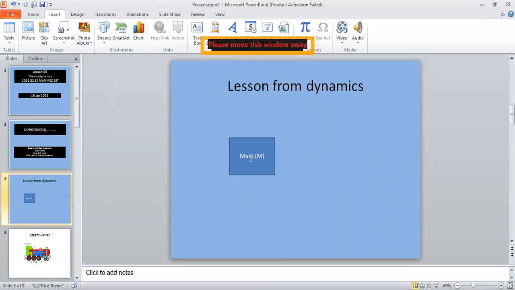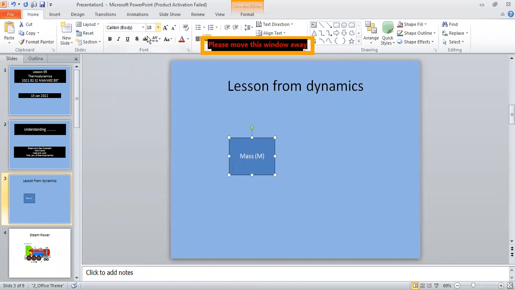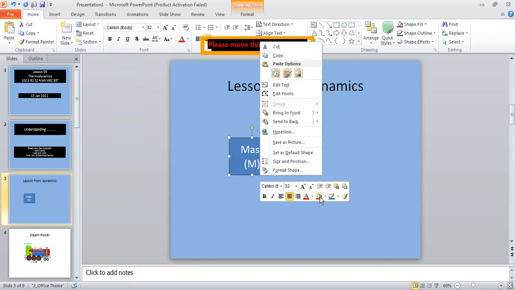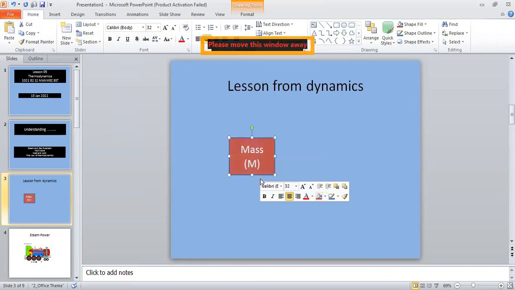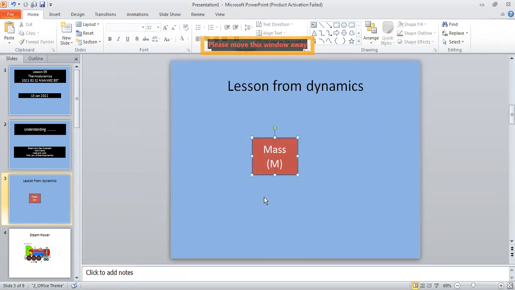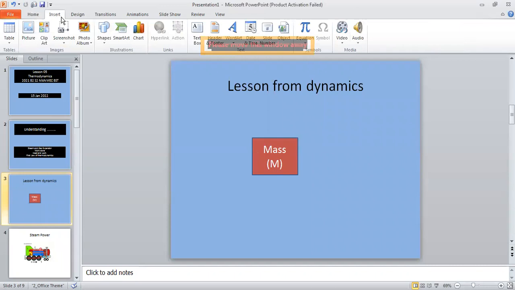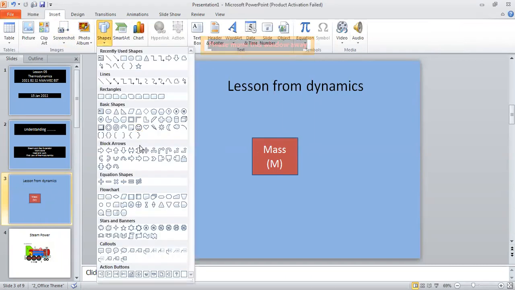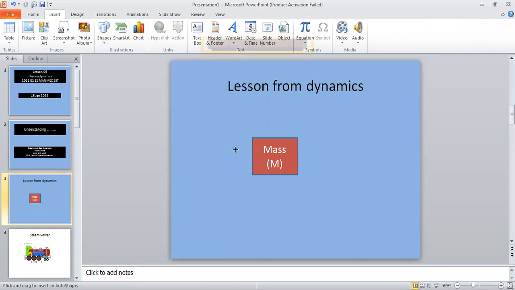And a force is being applied on the mass. Let's say the resultant force is in this direction.